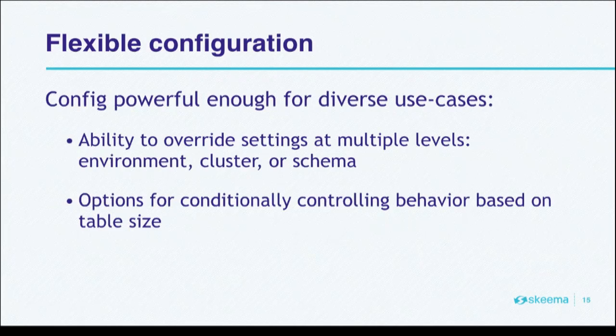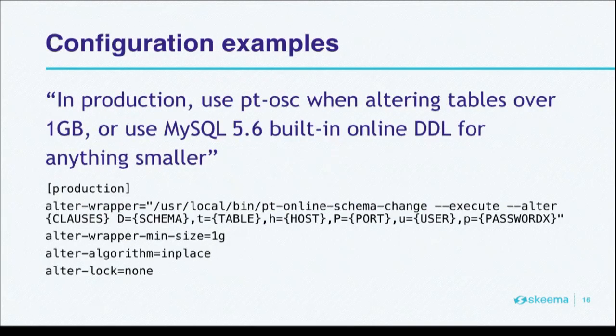Besides that, the configuration is just flexible in general. As I mentioned, you can override things in subdirectories, which essentially gives you the ability to define different settings per environment, per cluster, or per database schema. There are also a few options that let you do things conditionally based on table sizes. So you might do one approach for schema changes to a large table and a totally different approach to a smaller table.